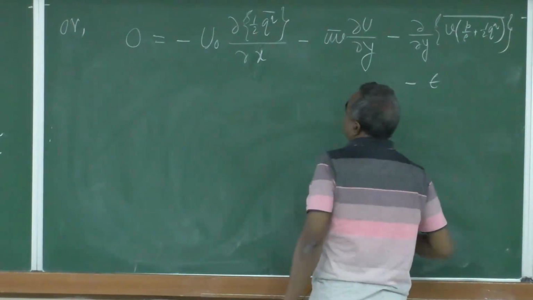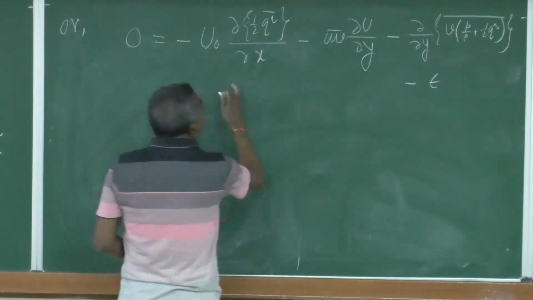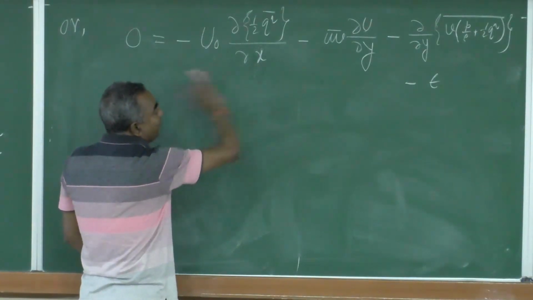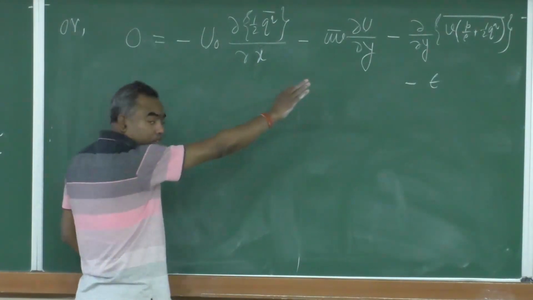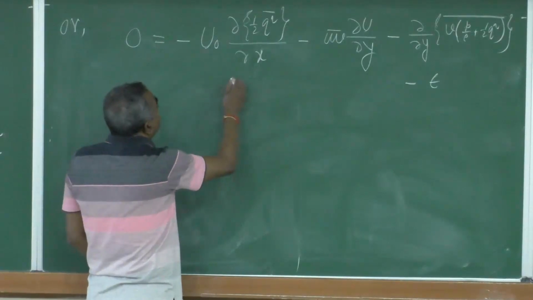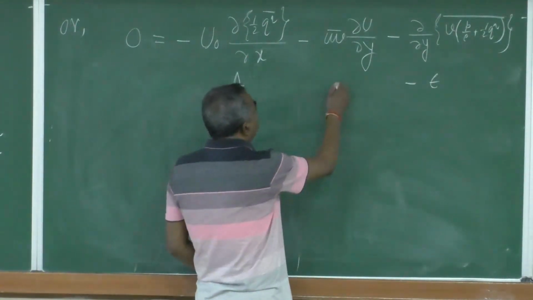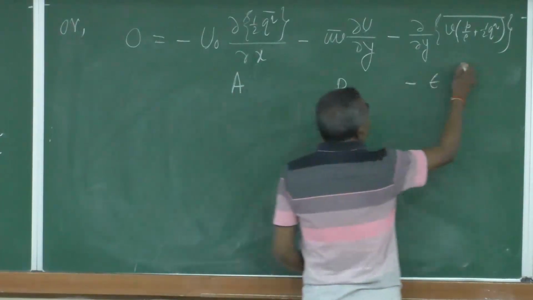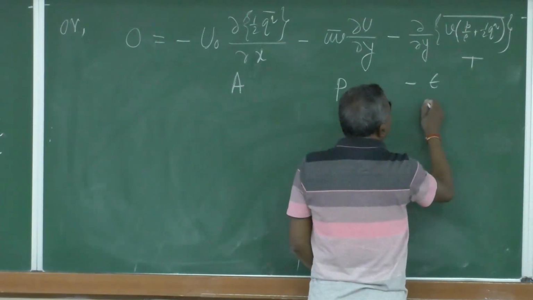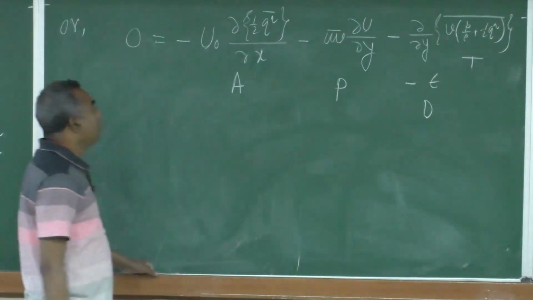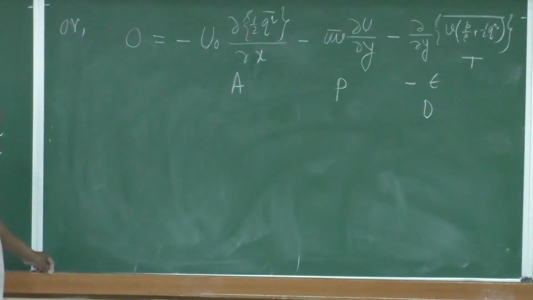And this is your dissipation. So, this is your simplified turbulent kinetic energy equation for turbulent wake. Let us call this the advection term A, this the production term P, this the transport term T, and this your dissipation term D. So, there are 4 terms in this particular case.